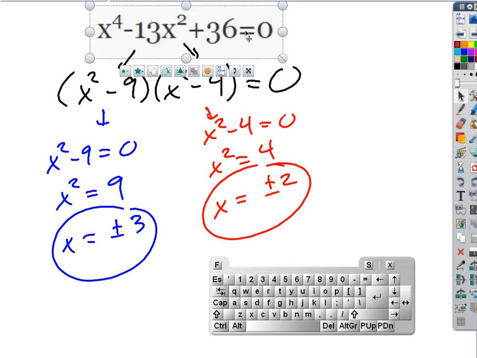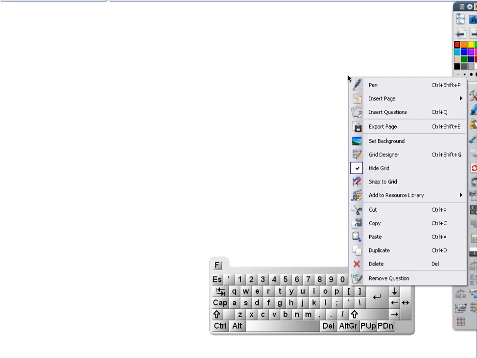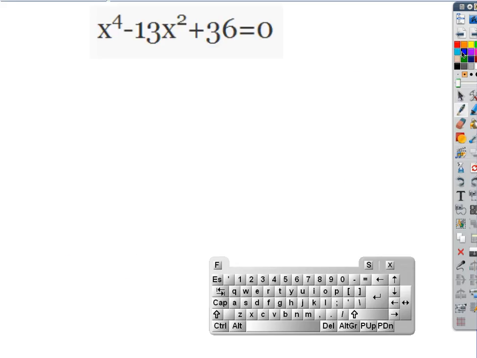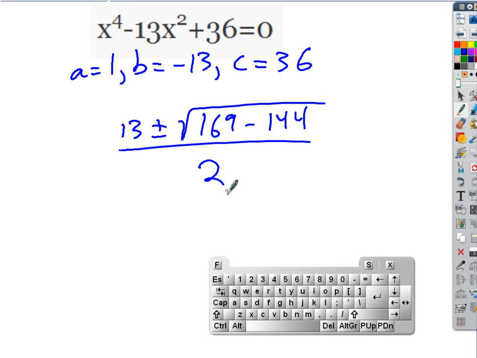Is it x? x squared, right? Because this is like saying x squared squared minus 13 x squared. This is like chapter 5, only instead of x's, we've substituted in x squareds. So we could have done that, and solving that would have given us the same results. When the dust settled, we would get, taking the plus version, the square root of 25 is 5, so 18 over 2 is 9. Or we take the minus, 13 minus 5 is 8, over 2 is 4. Right? That looks familiar.